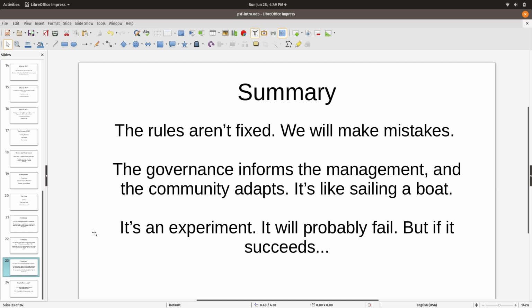But if it succeeds, or if it is iterated on and some iteration succeeds, it will be a whole new business model. It will have solved this critically important problem of underfunded open source infrastructure, which is a huge problem and encompasses much more than the Bitcoin space.